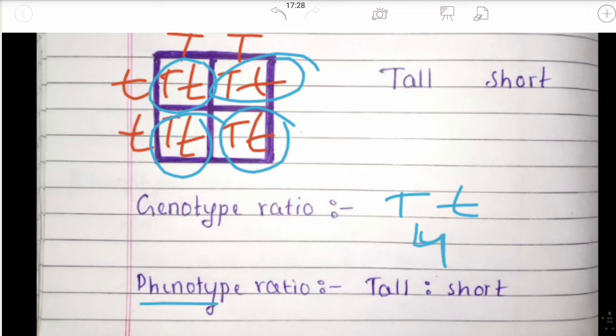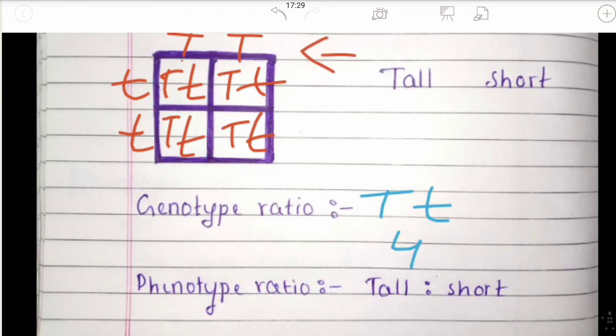Now let's calculate the phenotype ratio. Phenotype refers to a physical character or any observable character. Phenotypes are of two types here, tall and short. Here T is dominant. Now find out how many tall plants are present. This one is tall, this one is tall, this one is tall, and this one is also tall. So there are 4 tall plants. Why are there 4 tall plants?